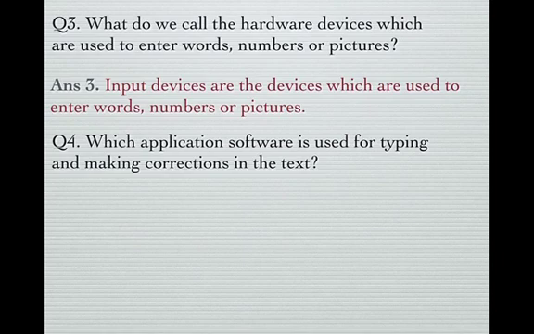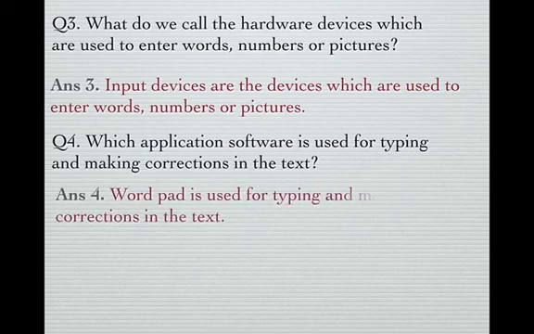But according to the book, we have got an example of a WordPad. So we will write WordPad is used for typing and making corrections in the text. Other than WordPad, like MS Word also, you can type. It is also an application software. You can type and you can make correction in it. Okay. But in our book, in our lesson 2, we got an example of WordPad. So we'll write the same.